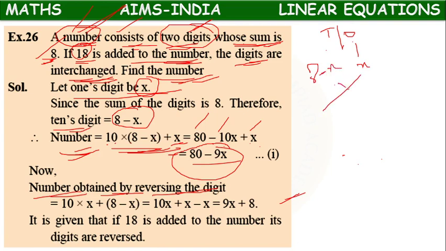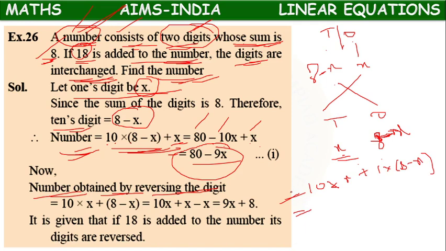If we interchange the digits, in the tens place we have x and in the ones place we have 8 minus x. So what will happen? 10 into x in the tens place plus 1 into 8 minus x in the ones place. So what is the number?